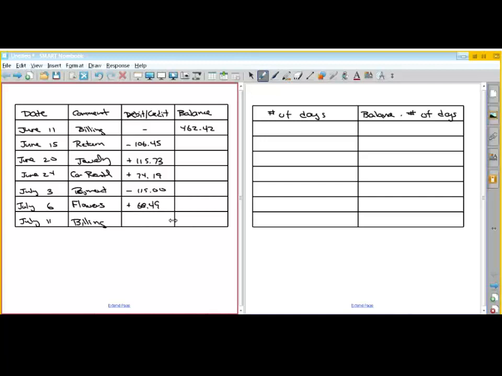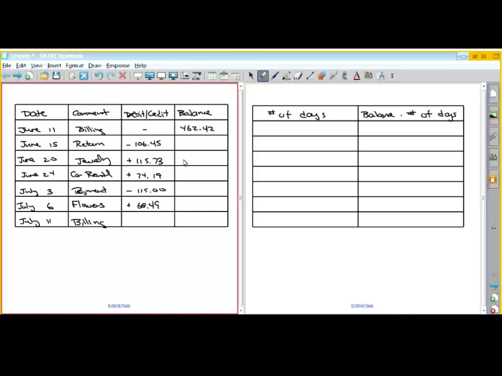Ultimately, we're going to have some number here, and you're going to add the interest to this number, and then that'll be your new balance. So we're going to take this number and add that number, going back and forth diagonally there.